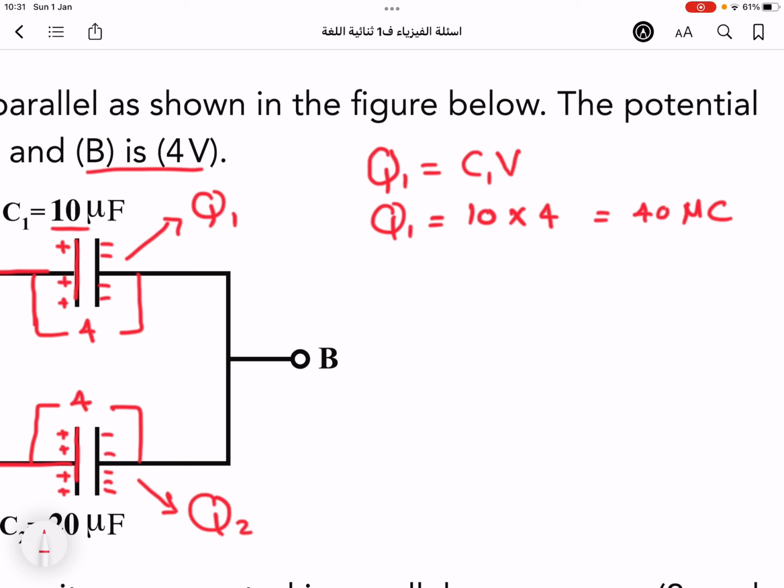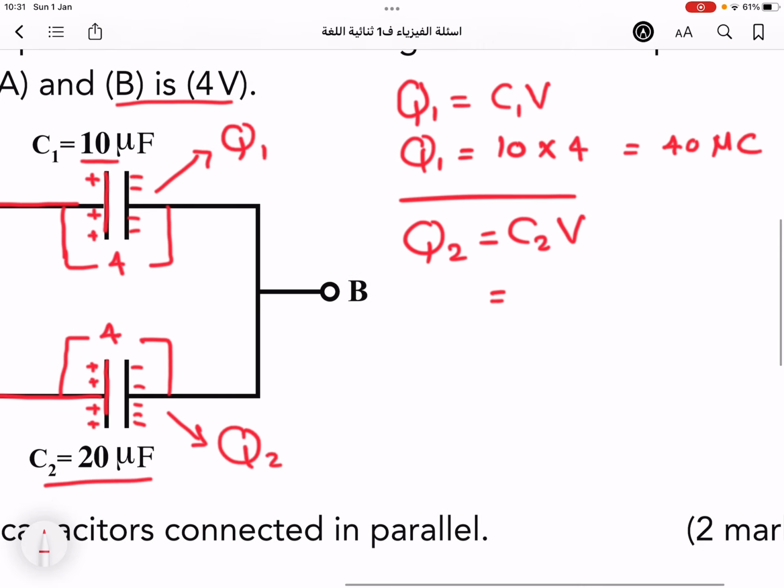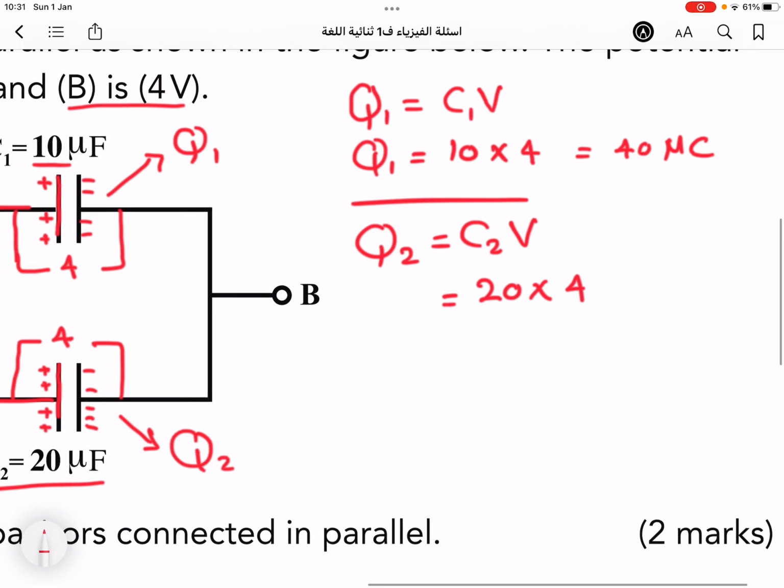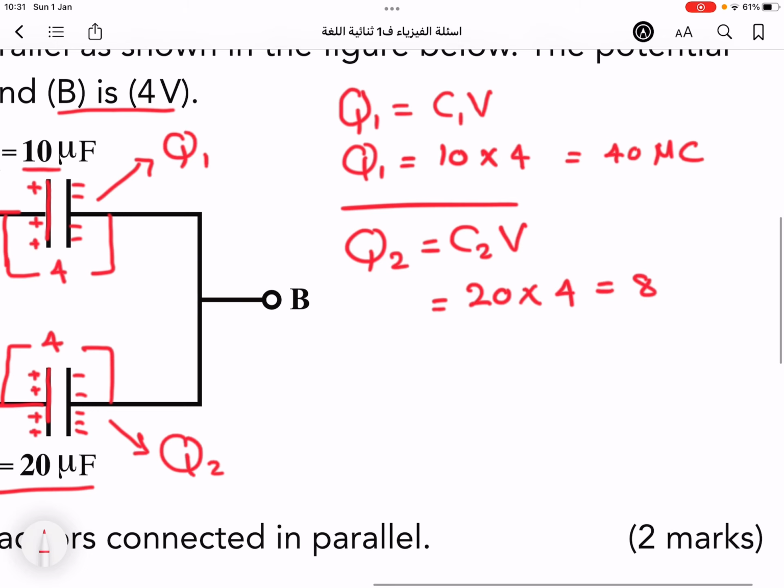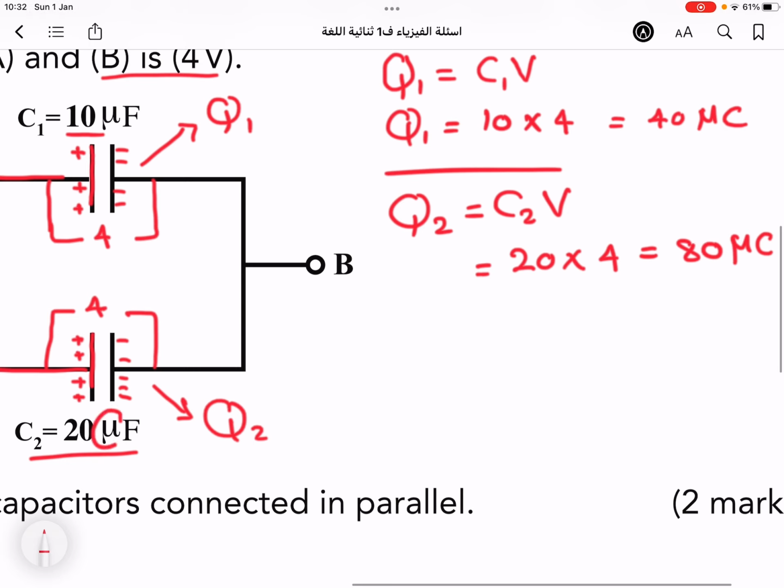This is Q1. And for Q2 equals C2 times V. The C2 from here equals 20 microfarads. So 20 times 4 will be 80, and it is 80 microcoulombs because here the capacitance C2 is in microfarads.